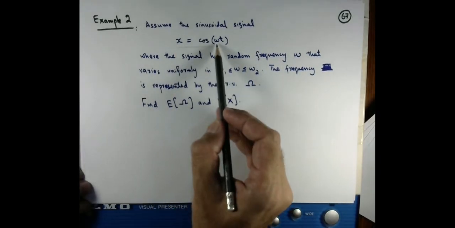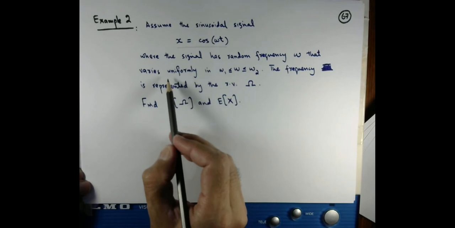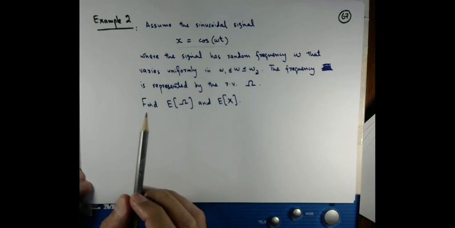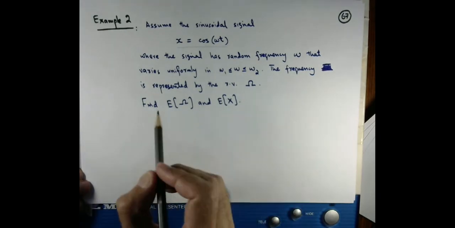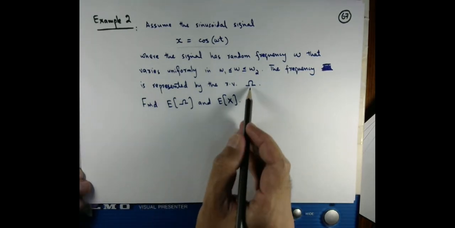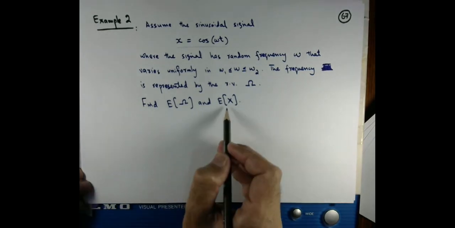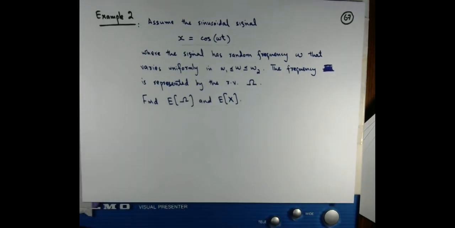The distribution of the source random variable is given, that it is uniformly distributed in this particular range. It is the frequency, so the random variable as a capital omega is written as such, and now we are asked to find the expectation of the source random variable and then the expectation of the target or the derived random variable. So we now approach this particular problem.